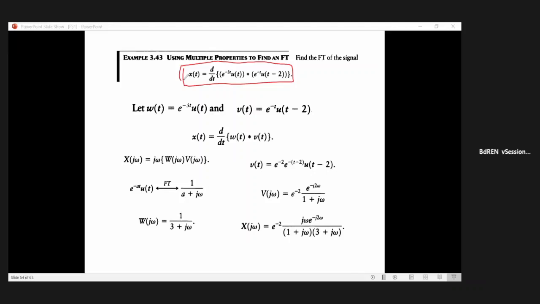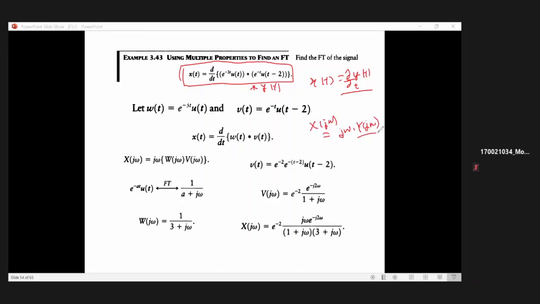First, consider this as your y(t). So you see that x(t) is equal to the derivative of y(t), isn't it? Then this derivative property says that X(j omega) would be equal to j omega multiplied by Y(j omega), isn't it?